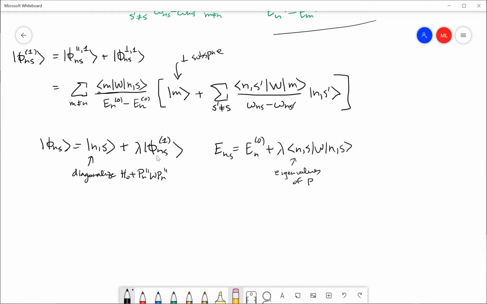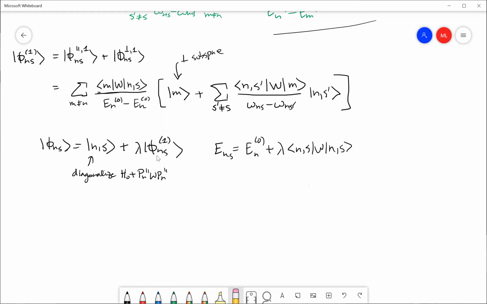This includes all the matrix elements if we're in the non-degenerate part also.